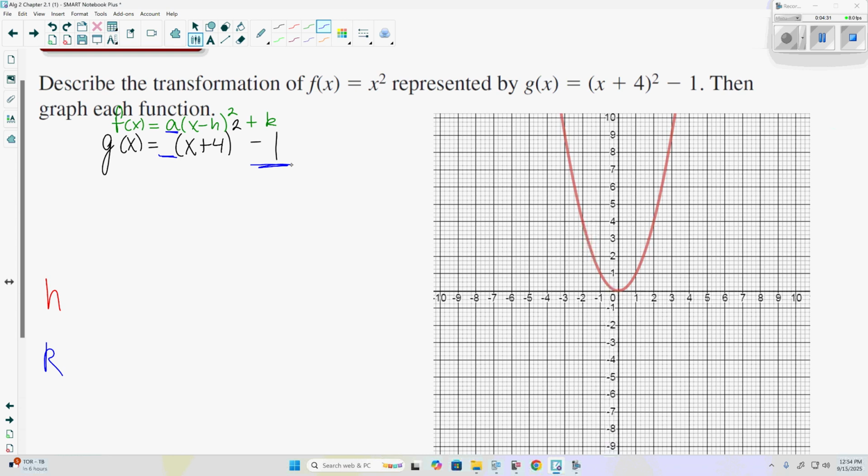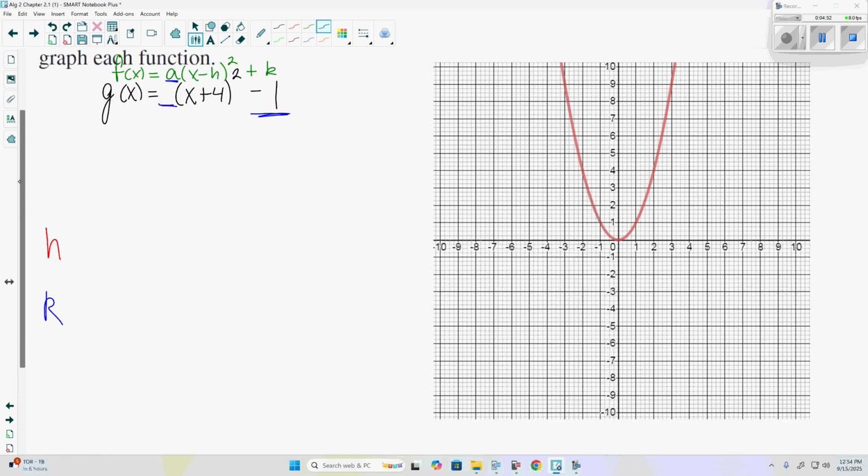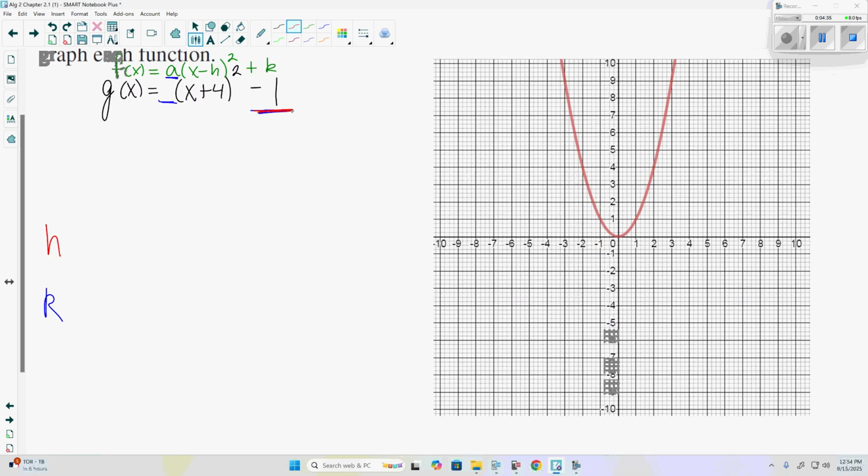Do we have a value for k? Yes. k's value is negative 1. Now the nice thing with k is that it's exactly what it looks like, since it's plus k, plus negative 1, minus 1. Now we also have a value for h.